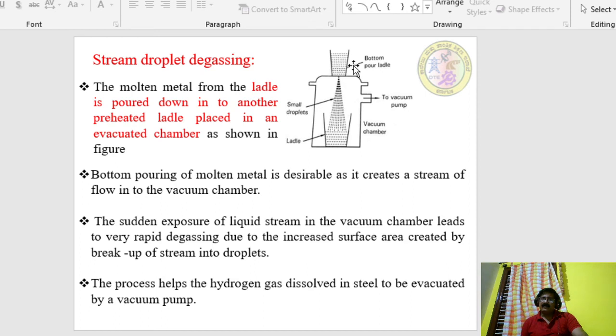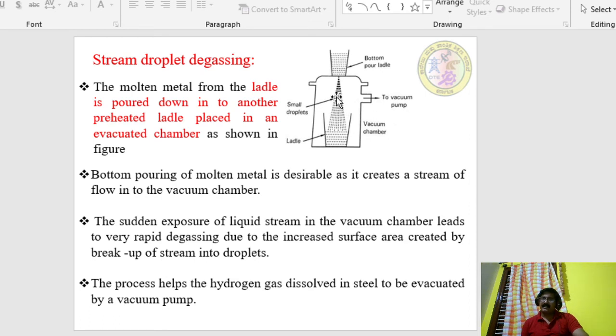And now the molten metal is poured from the bottom at a uniform rate as small droplets, and this stream flows into the vacuum chamber.